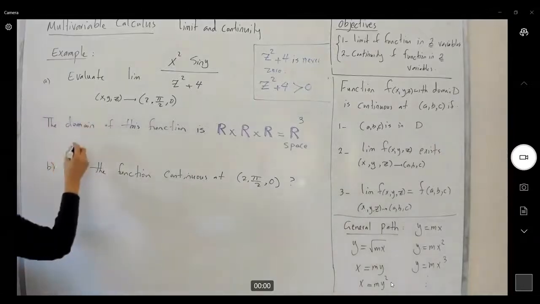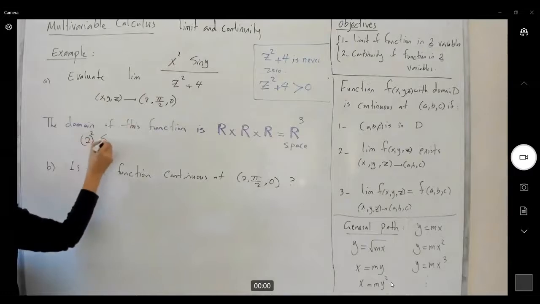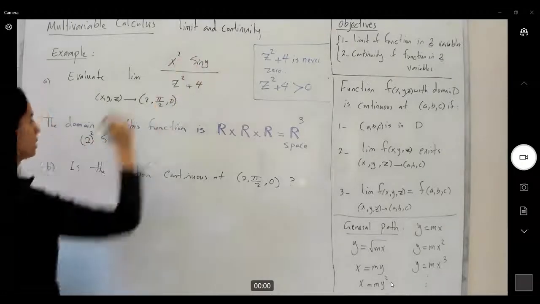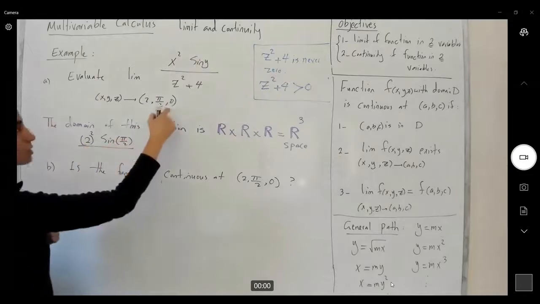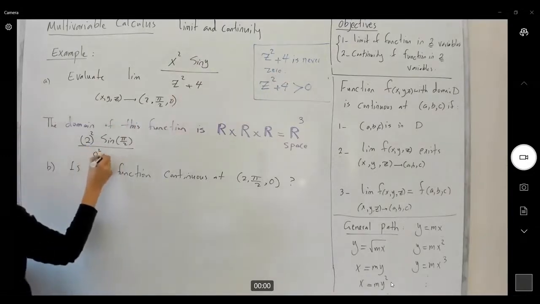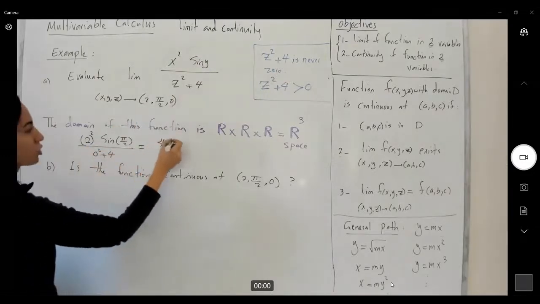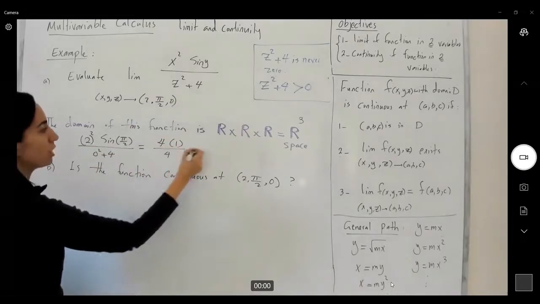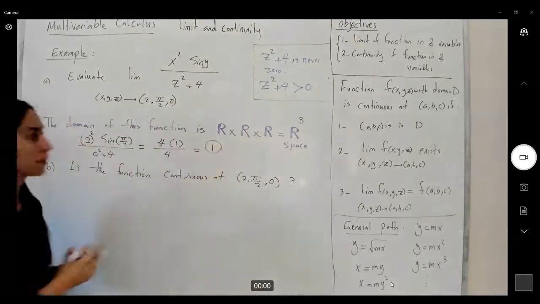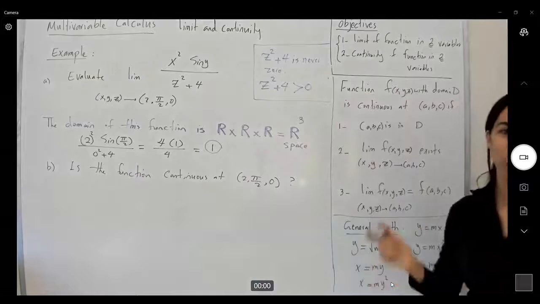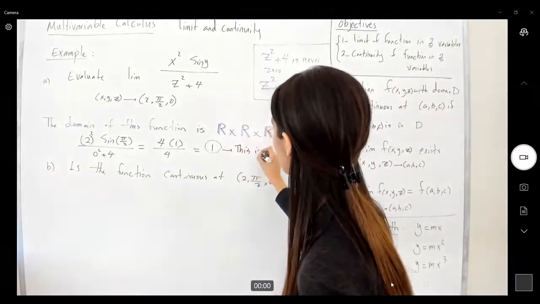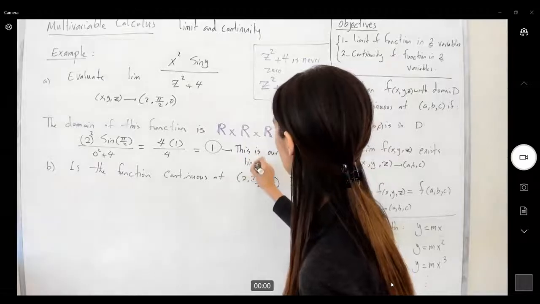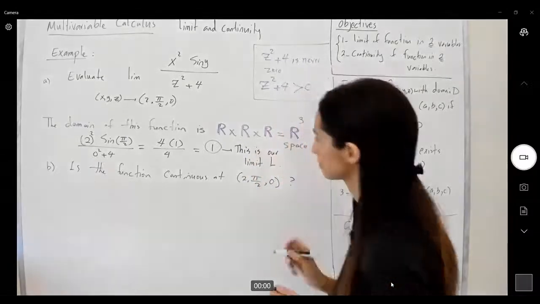So let us plug in 2 for x and pi over 2 for y in sine y. Here you have pi halves divided by, with z being 0, 0 squared plus 4, which is 4, times 1, divided by 4, equals 1. This is the limit of your function. This is our limit L.